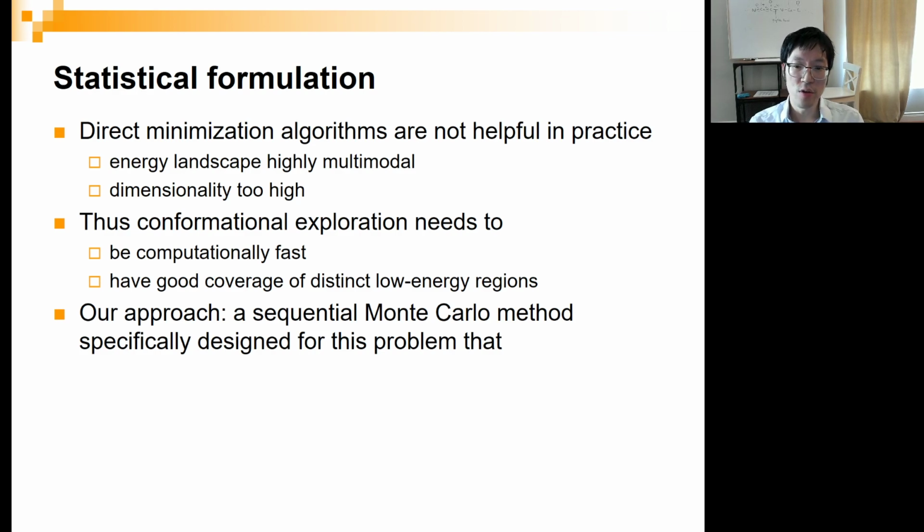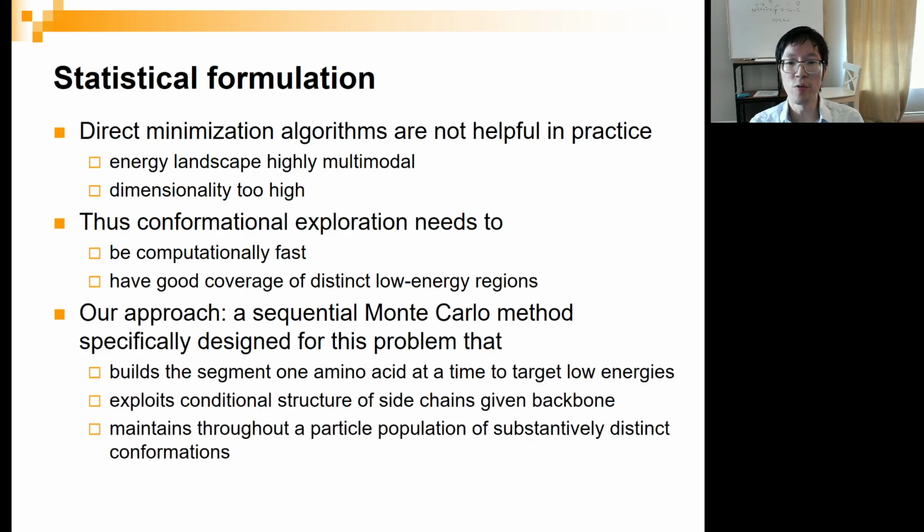And so our approach towards this, from some of my earlier research, was a sequential Monte Carlo method specifically designed for exploring protein conformations. Some of the key features are that we build the segments of the amino acid region one at a time, such that the sampling is targeted towards low energy space.